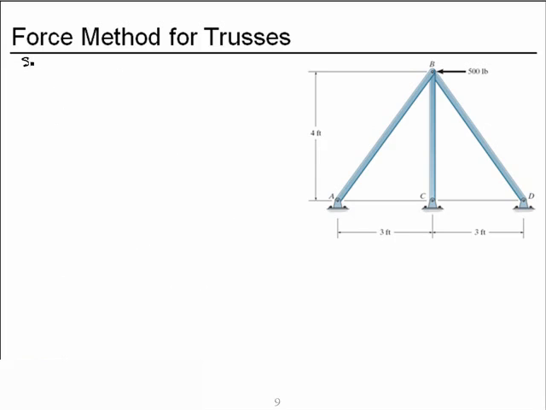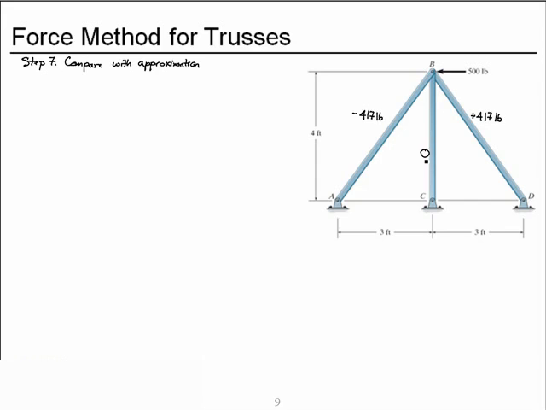So now we're ready for step 7. We'll compare with the approximation. We just concluded that from the force method, we get a positive 417 pounds, a negative 417 pounds, and a 0 for the three members.